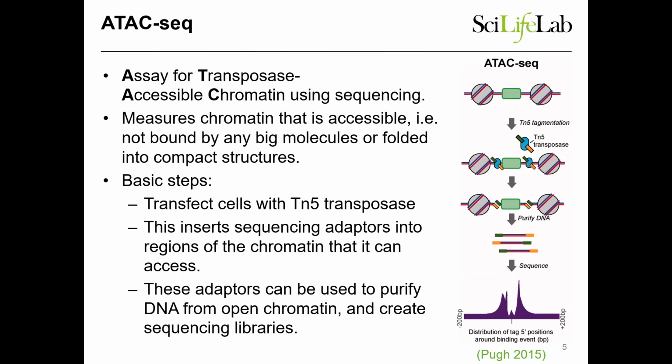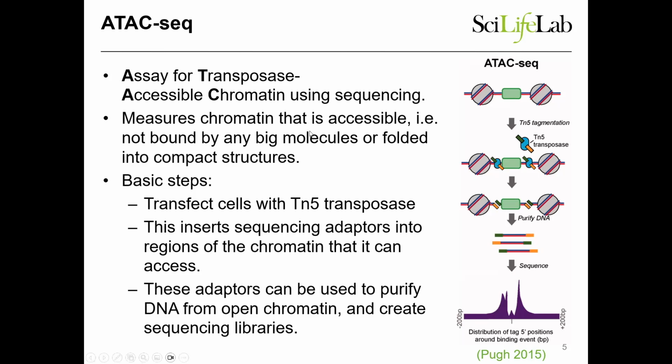So ATAC stands for Assay for Transposase Accessible Chromatin using sequencing. So the idea here is to measure which chromatin is accessible to other proteins. Basically, what you do is you have an assay where you just sequence the part of the genome that's accessible, that's not wrapped around the nucleosomes or in these condensed structures like heterochromatin.